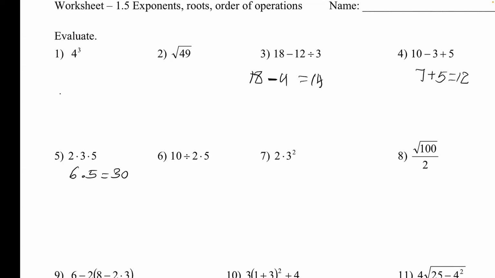Now, divide and multiplication, from left to right. 10 divide 2, 5, times 5 equals 25.